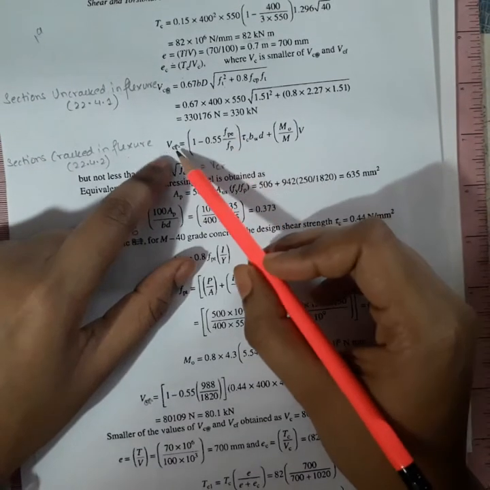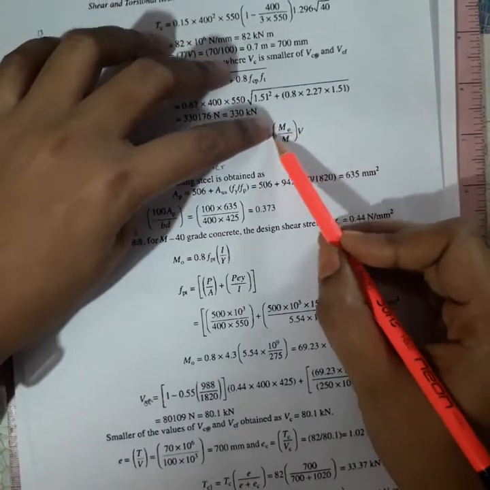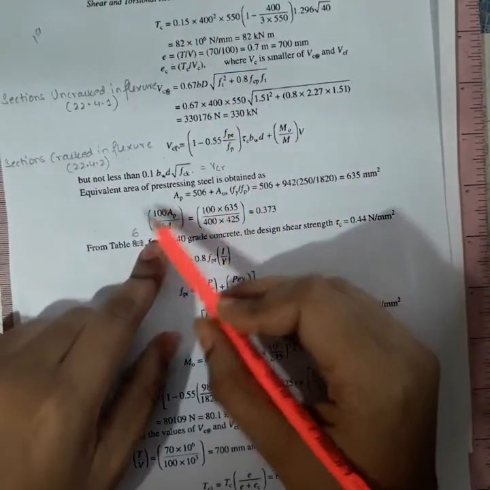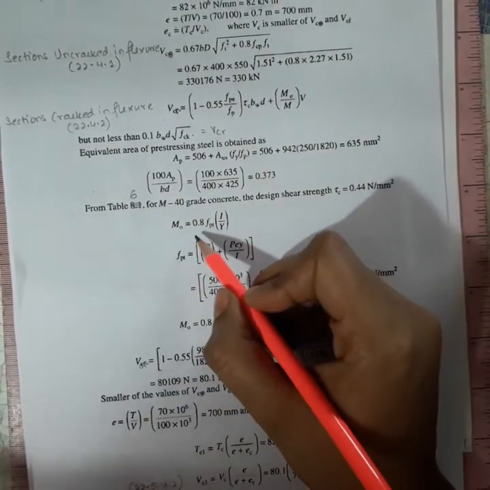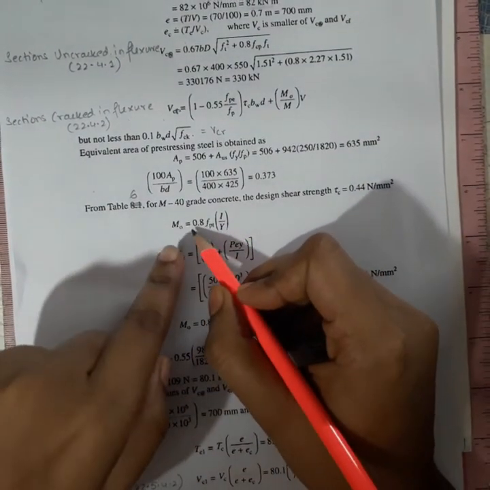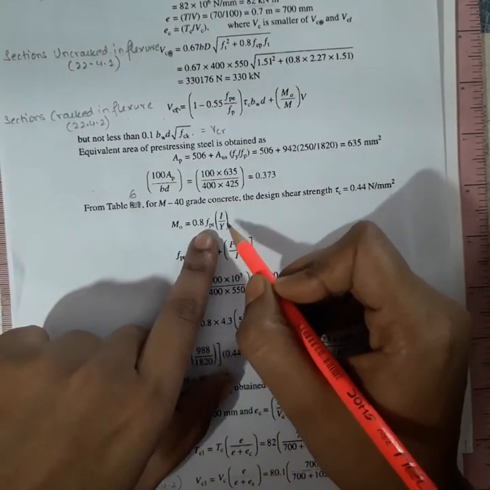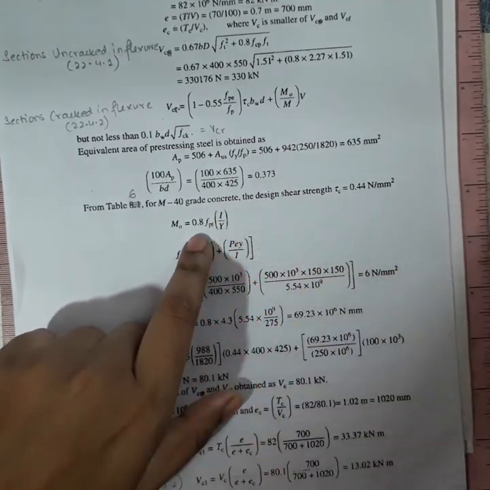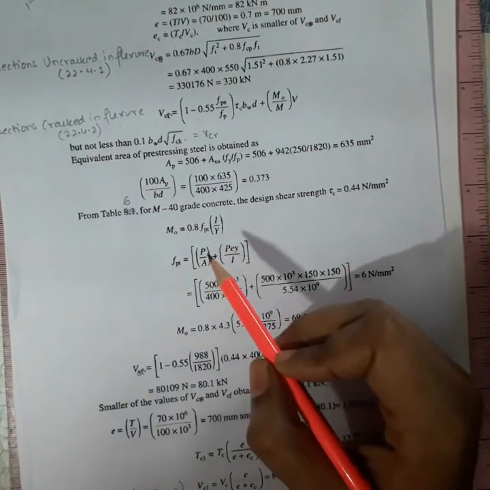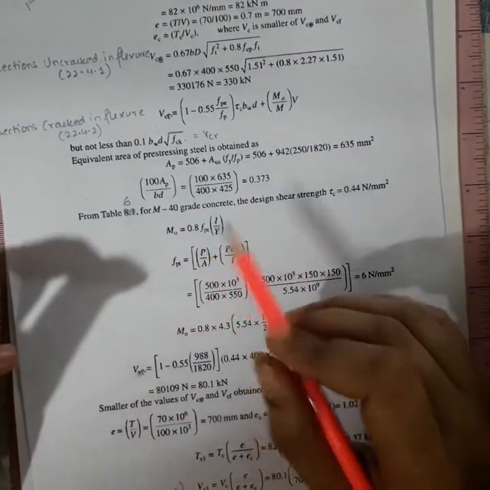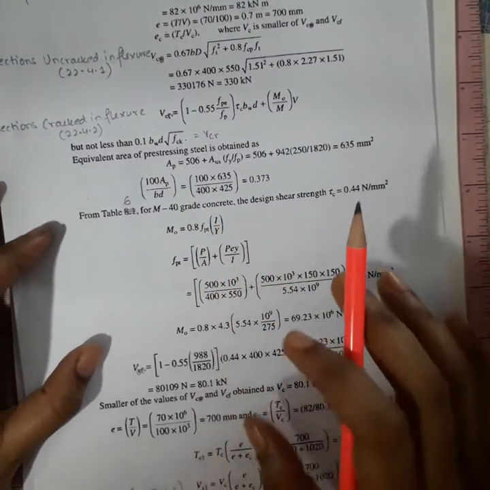In order to calculate this VCR, we need to know M naught. For M naught, we go to the expression where M naught is equal to 0.8 FPT into I by Y. Here FPT is the stress due to the prestress only at depth small d and distance y from the centroid of the concrete section.